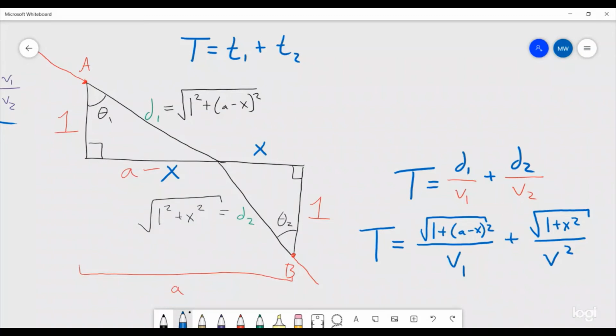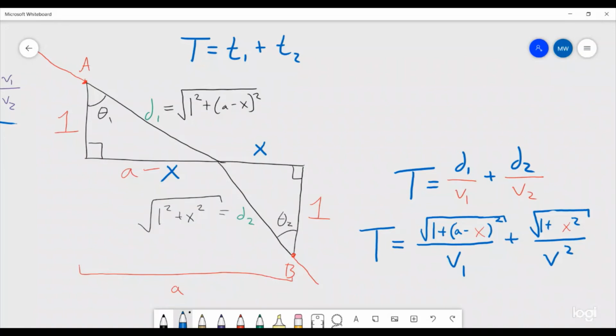So we have those, and x is our variable in both of these, so let's change that color. X, x, and then we have a minus x, squared. So that is our function now in terms of only x's. Everything else is a constant.